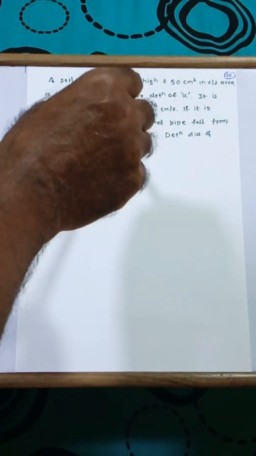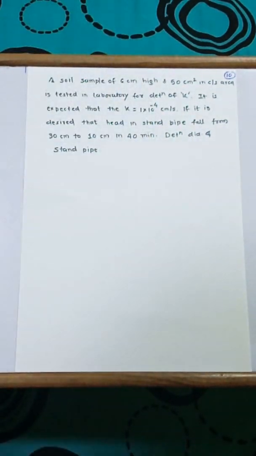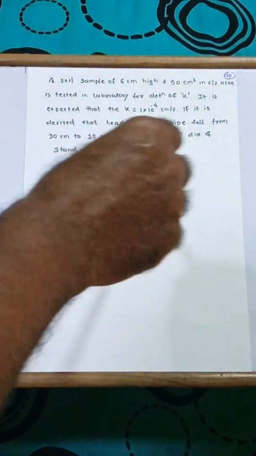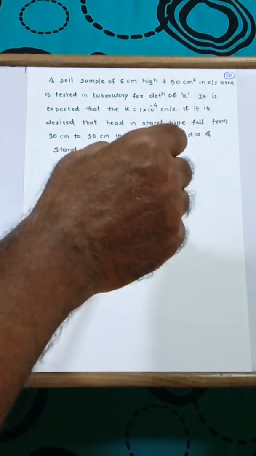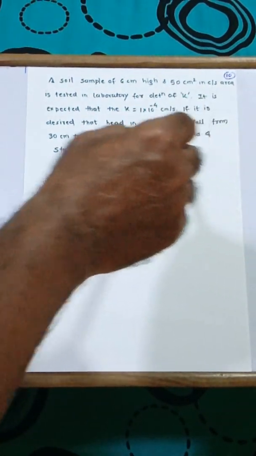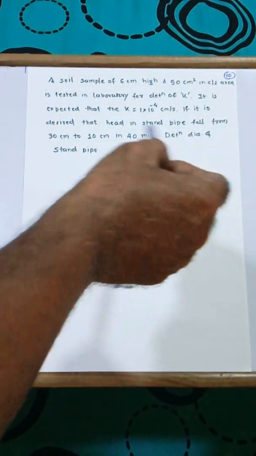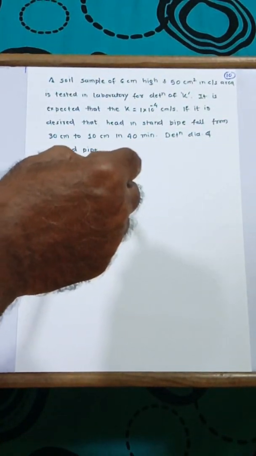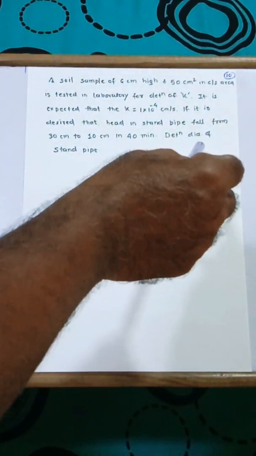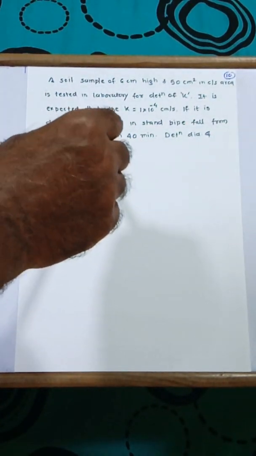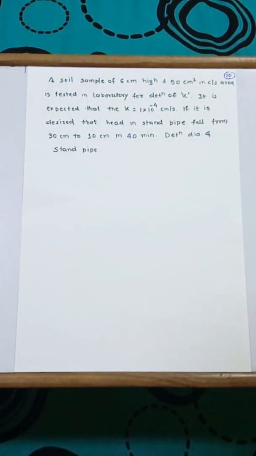So this clearly shows that it is a falling head method. Using the same expression, only the area of standpipe is unknown. So you first calculate the area of standpipe, and then from the area calculate the diameter of the standpipe.